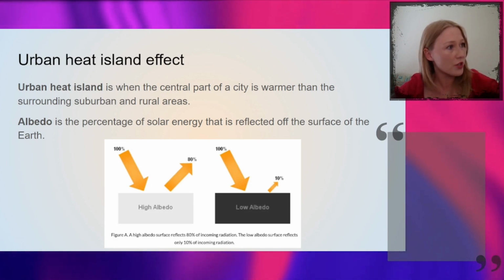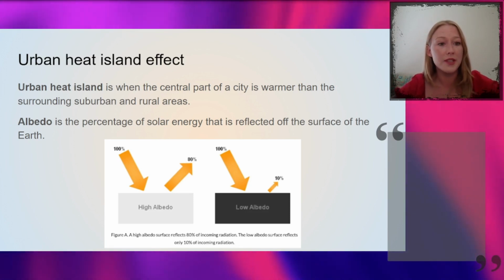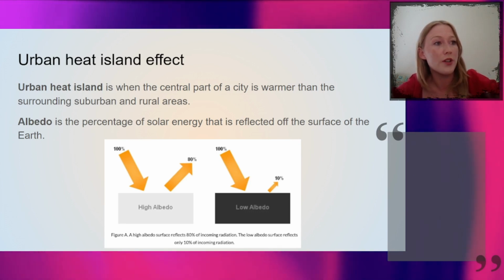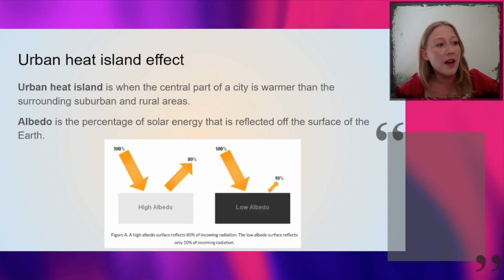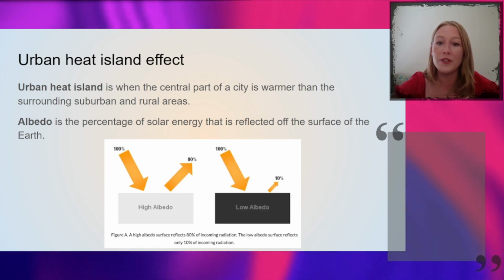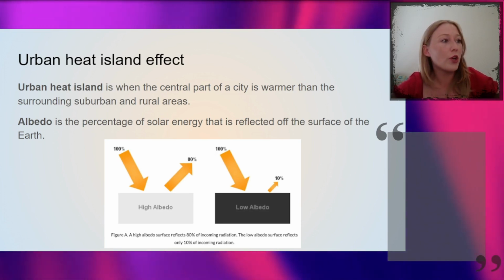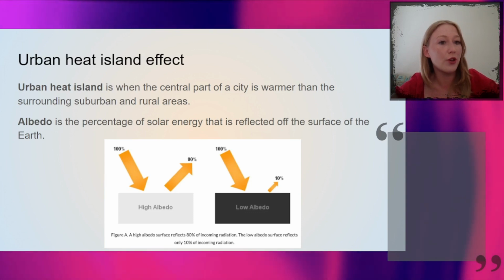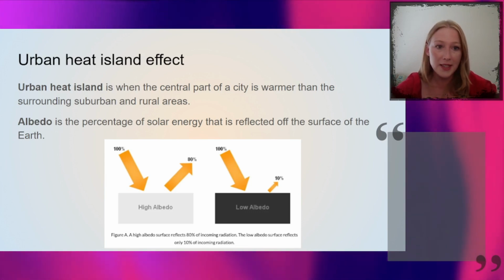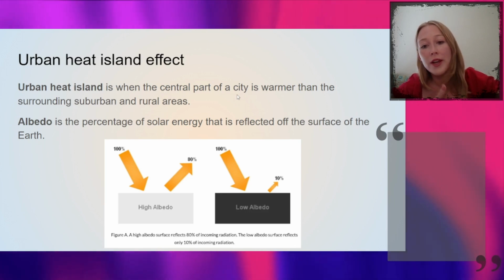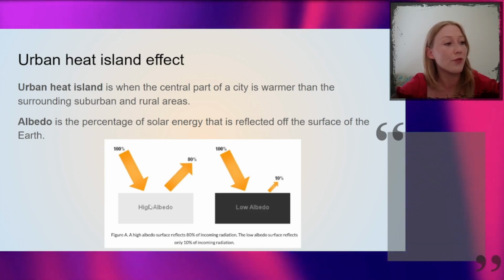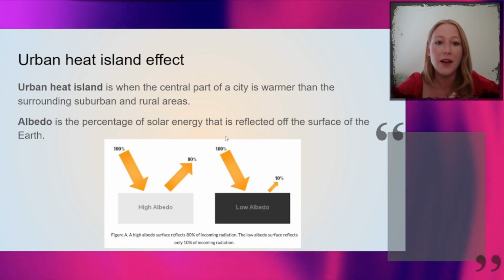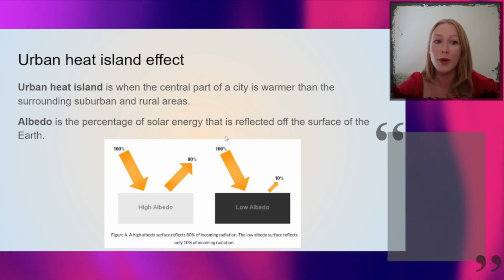And one of the definitions that I always include in these notes, it does contribute to this whole concept a lot, is albedo. So basically, that is how reflective a surface is. So when we learn about the Earth's heating or the atmosphere's heating, we look at albedo, and that tells us how much sunlight is reflected off of the Earth's surface and how much is used to actually warm up the Earth.